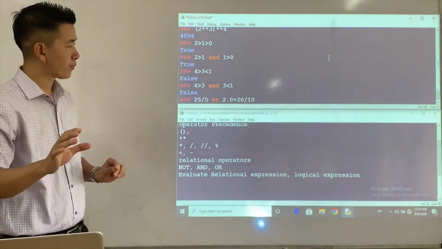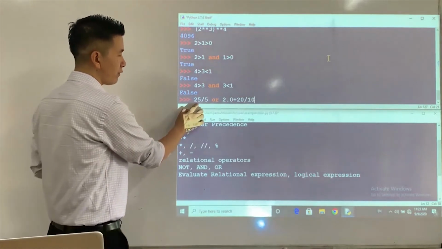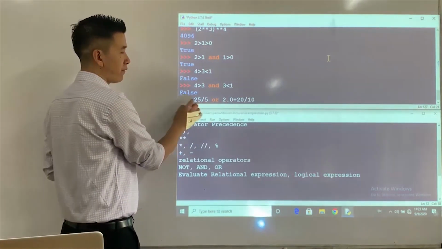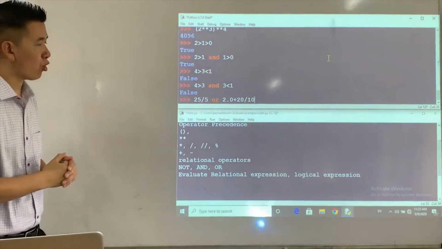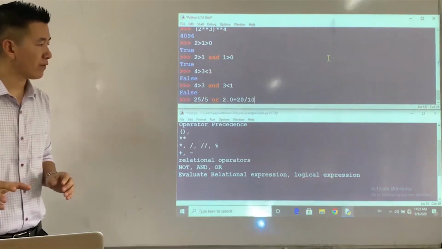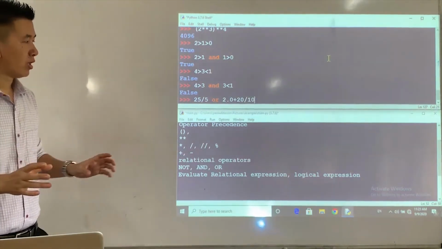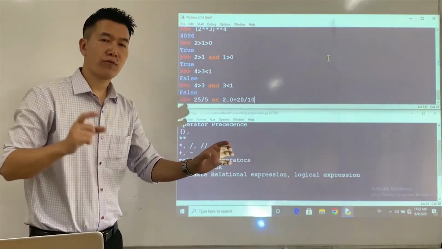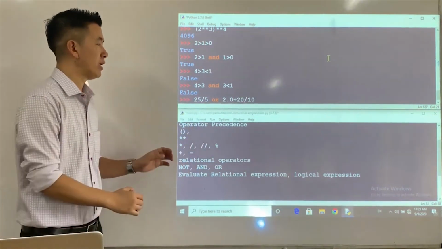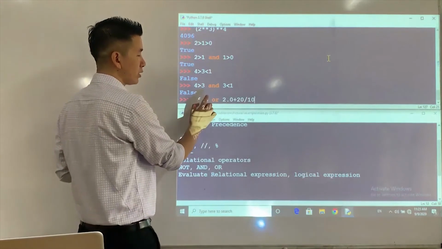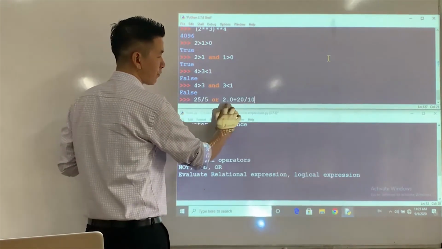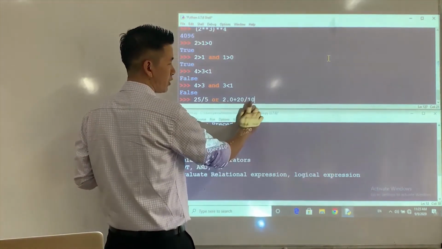So when you evaluate this, 25 will be divided by 5, you will get the answer as 5.0. It's not just 5, it's 5.0. 5 means it's an integer literal, 5.0 means it's a floating point literal. Among these, this will be evaluated first.